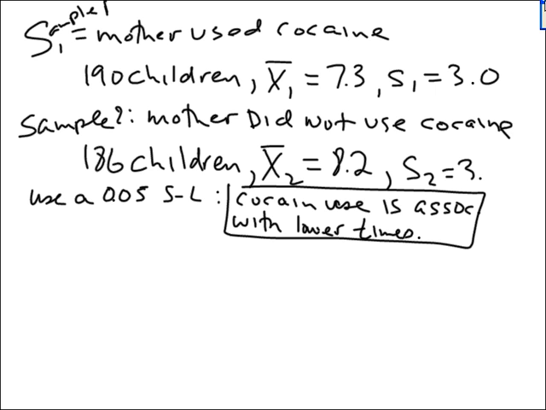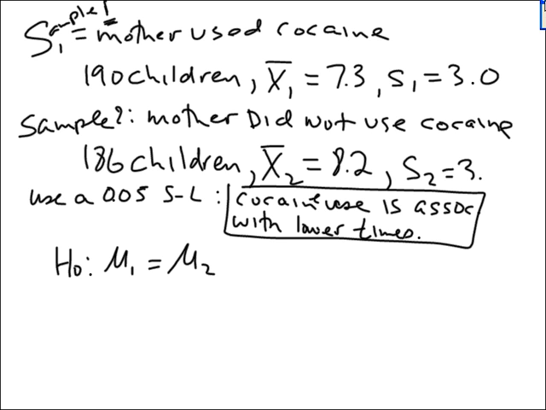Now, the cocaine use came from sample 1. Now, the H0 is always equality. H0 is that the two means are equal. Now, what's the claim saying? Cocaine use is associated with lower times.